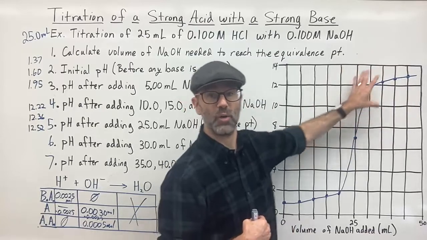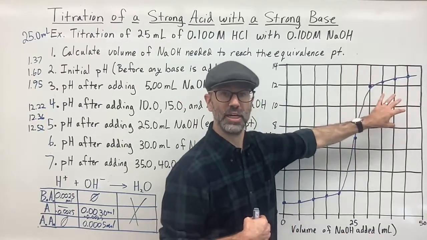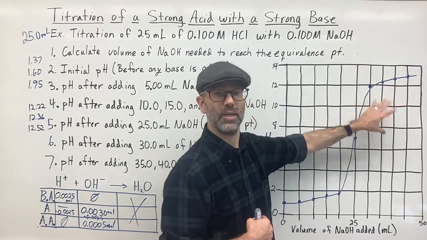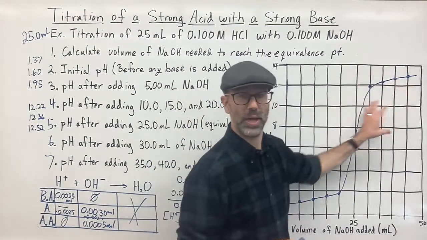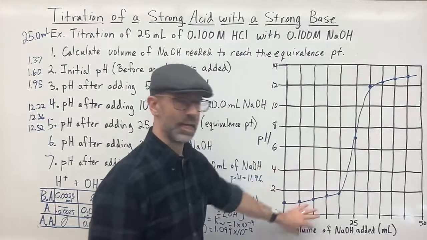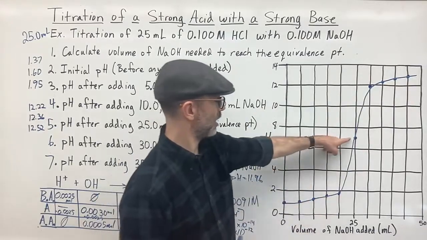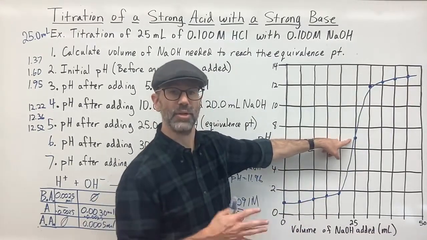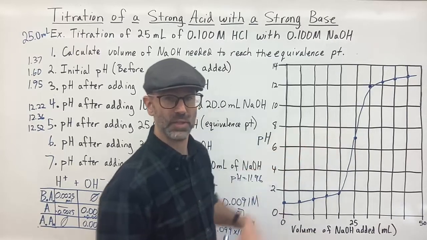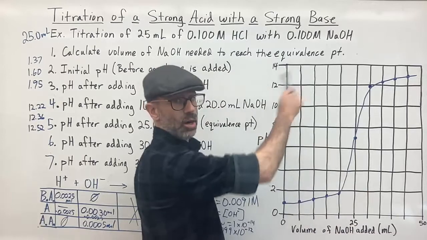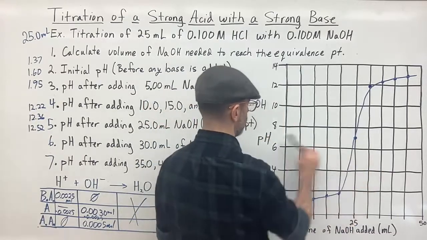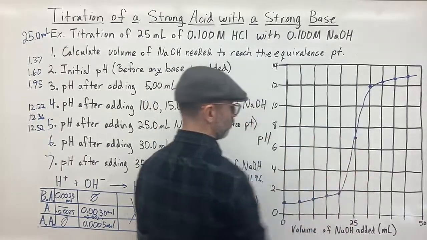So you figure out what the OH minus concentration here at this part is, and then you find the pH for here. So this is excess OH minus in this area, excess H plus in this area, and here it's neutralized and you have neither, so pH of 7. So for the graph here, for strong acid, strong base, it's always going to be a pH of 7 at the equivalence point.